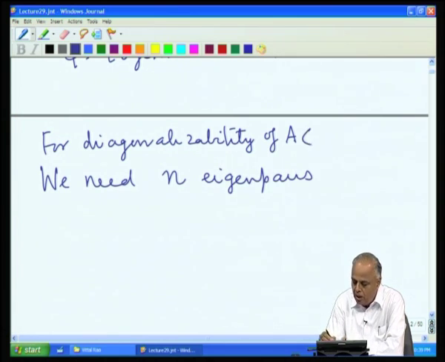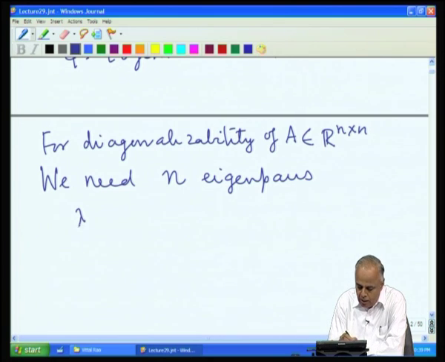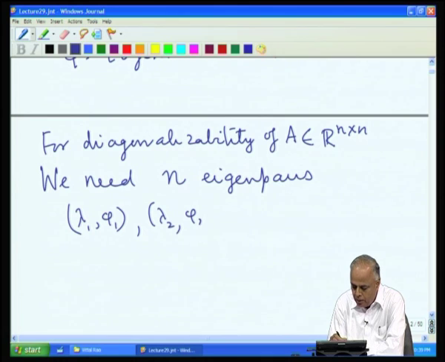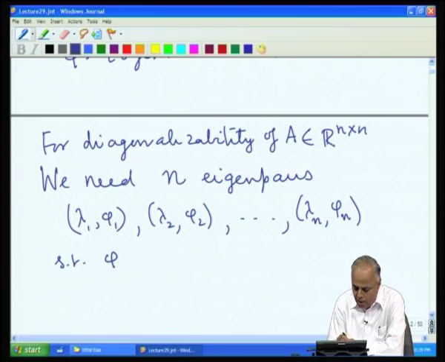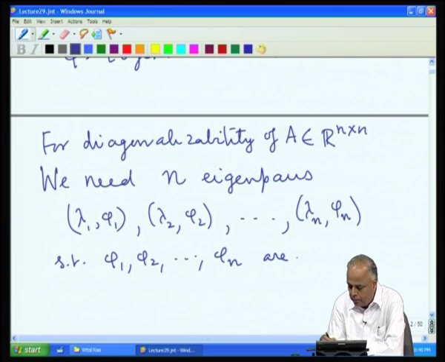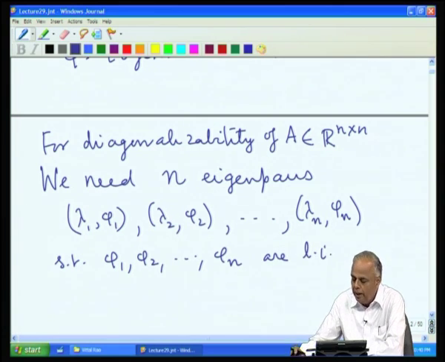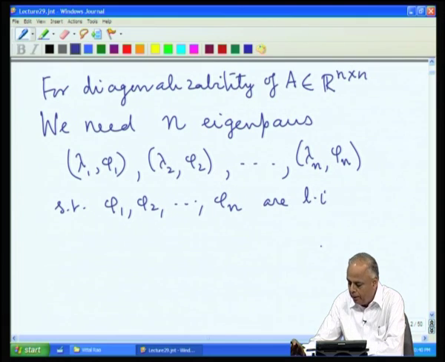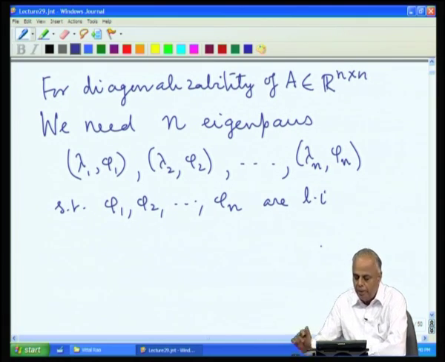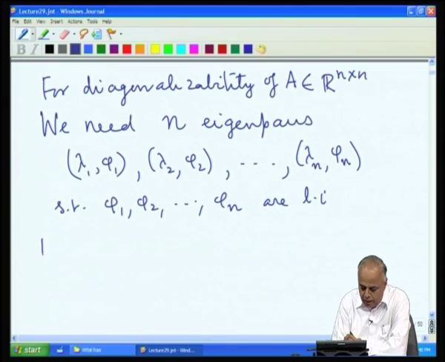If A is an n by n matrix, in order to diagonalize A, we need n eigenpairs lambda 1 phi 1, lambda 2 phi 2 and so on, lambda n phi n, such that phi 1, phi 2, phi n are linearly independent. The eigenvectors appearing in the eigenpair combination must be linearly independent.